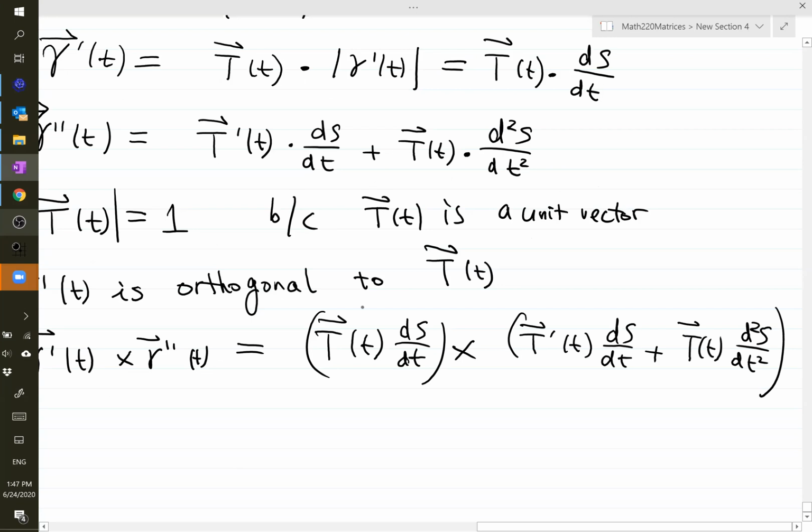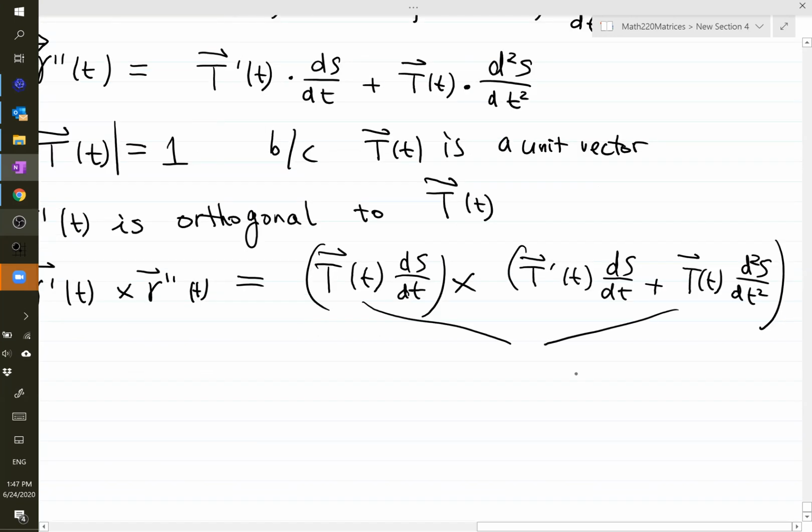Now remember the two T terms are in the same parallel direction. The cross product of those, we get 0. So the parallel terms vanish when we do the cross product. So we get capital T cross capital T derivative times ds over dt squared.